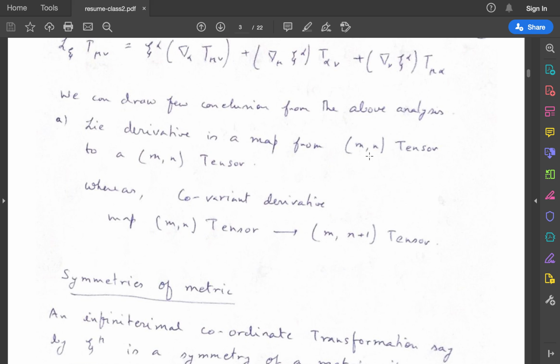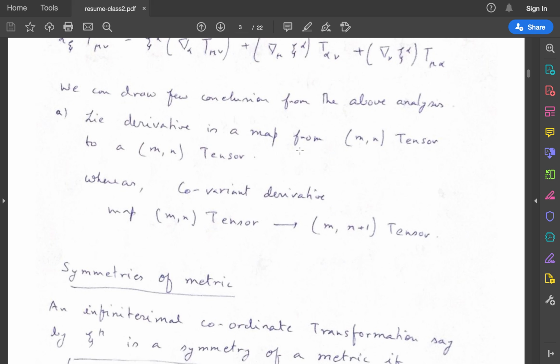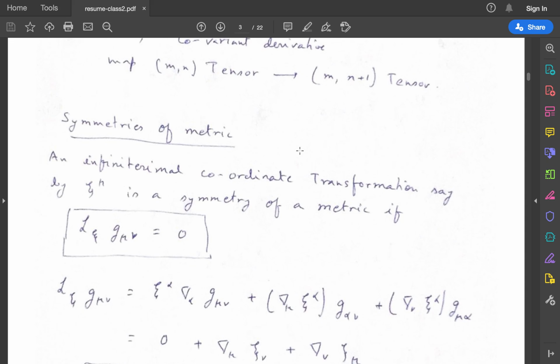The rank doesn't change. Whereas if I operate with the covariant derivative, it makes the final tensor of rank (m,n+1). This is the main difference between the Lie derivative and the covariant derivative, and it will be useful to us in many ways.